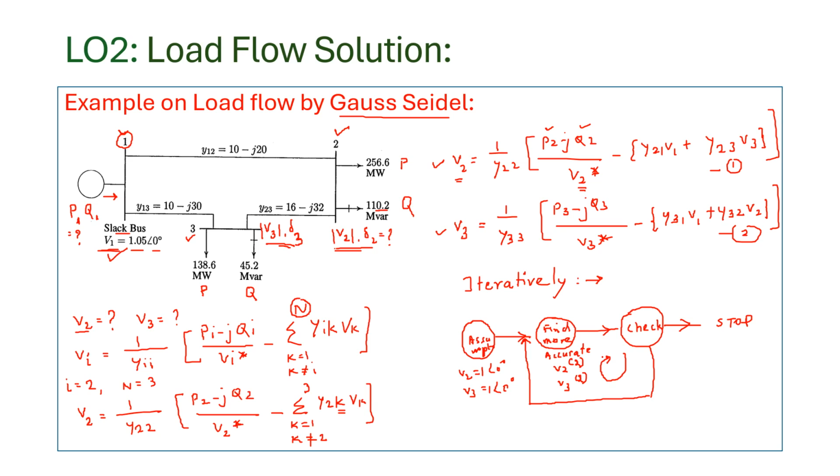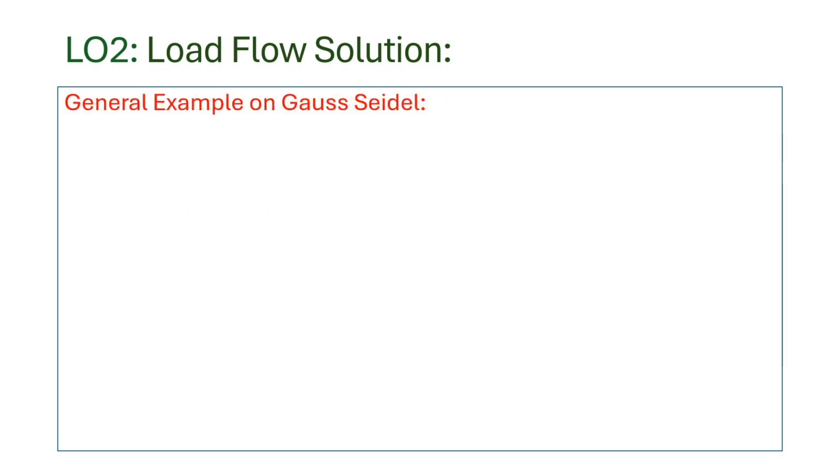Now, let us understand this Gauss-Seidel method, and what exactly is meant by iteration, with a simple example. I am not doing load flow now. Instead, I'm taking one general example. Suppose I have an equation, say 2x square equal to 4x.